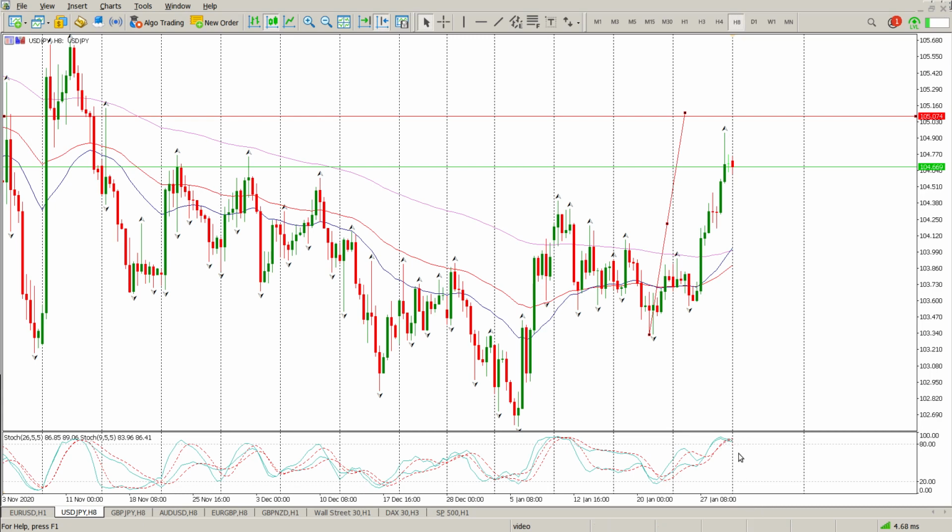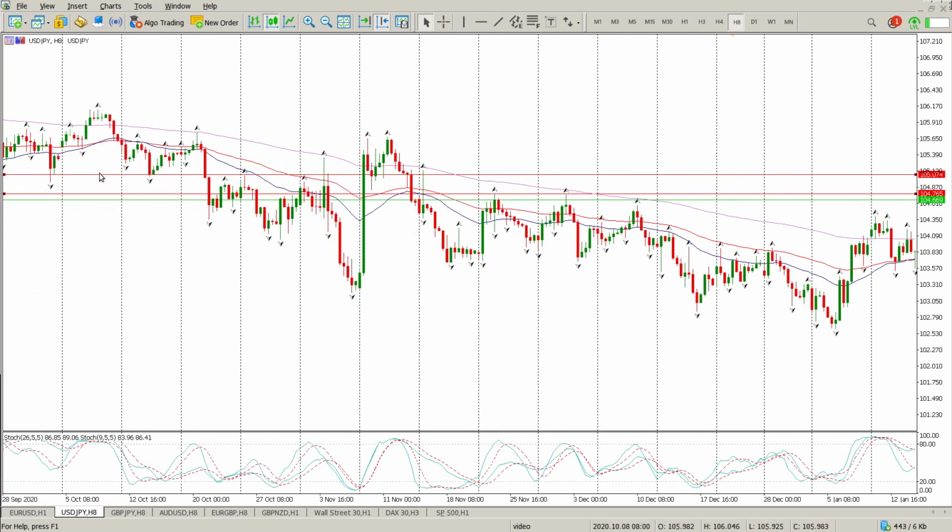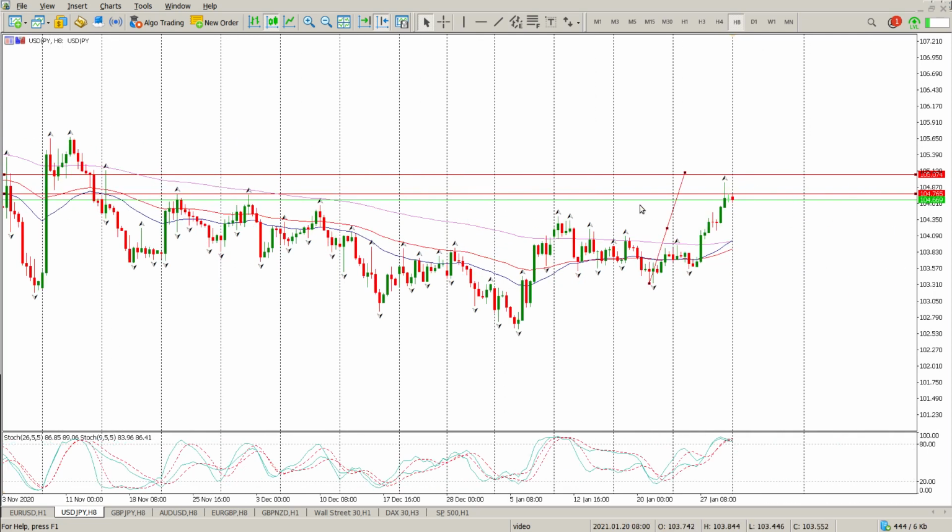So at the moment, look what we have here. We've got a fairly strong indication that we are overbought right now, and I would even say, there's the structure to the left. Look at it. That's the structure to the left that we've got at the moment.